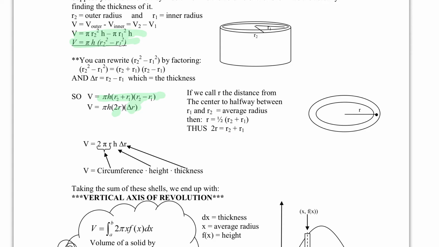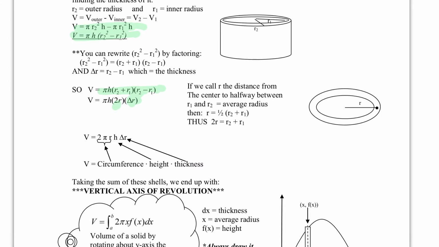So r equals half of r2 plus r1; bring the 2 over to the other side. So I end up with this final equation right here, where this is the circumference, 2 pi r, my height is h, and my thickness is delta r.